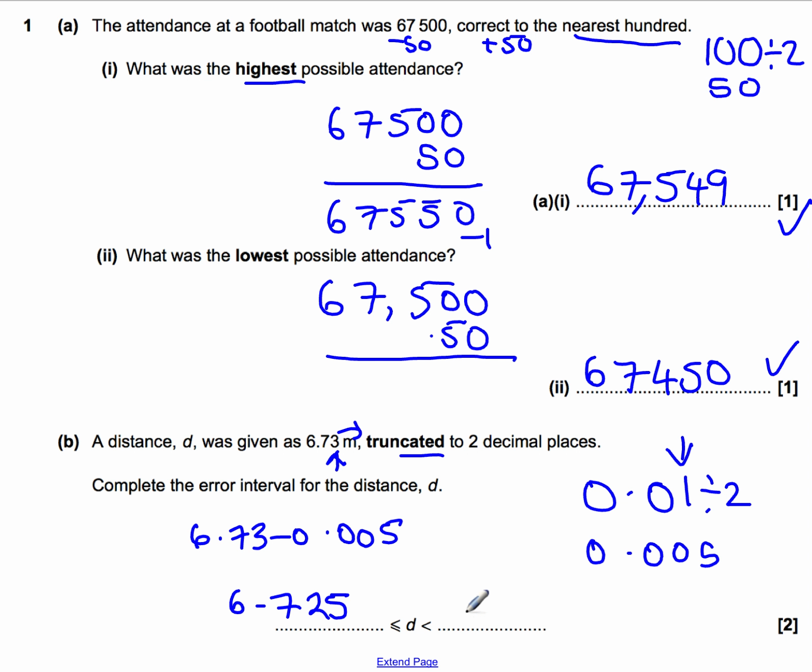And if we're adding it onto the upper value, it would give us 6.735. It's non-inclusive of this figure, so it doesn't include this. If you're doing other specifications, that would be the upper bound, in other words. And the lower bound is inclusive of this figure. So just recap your bounds to go through this question.